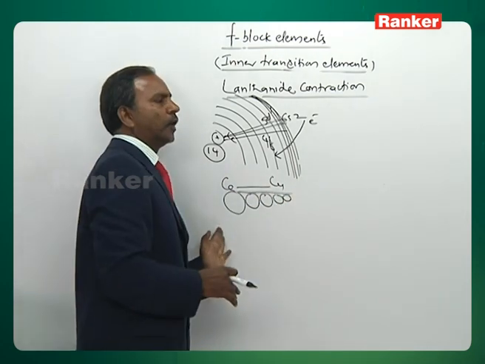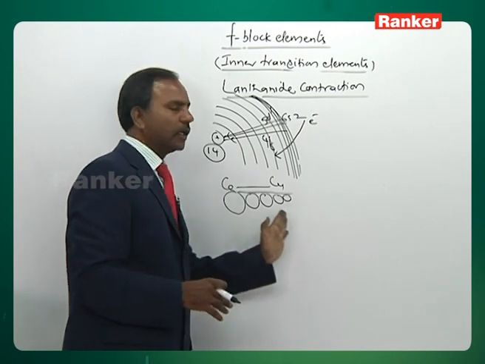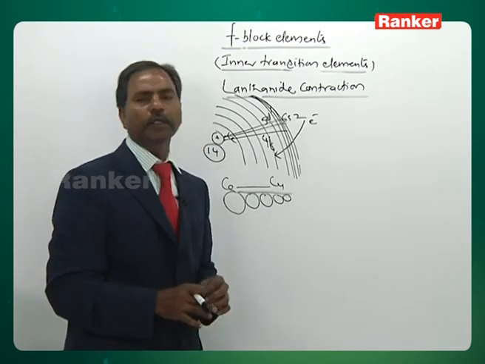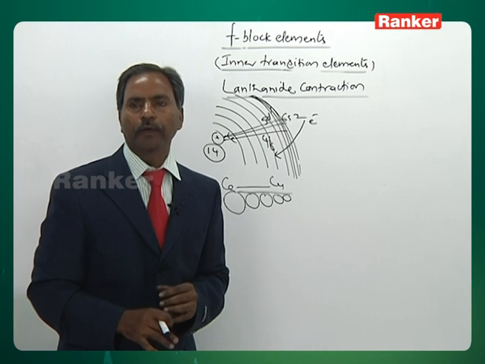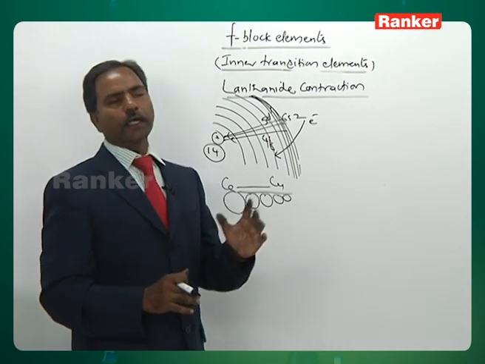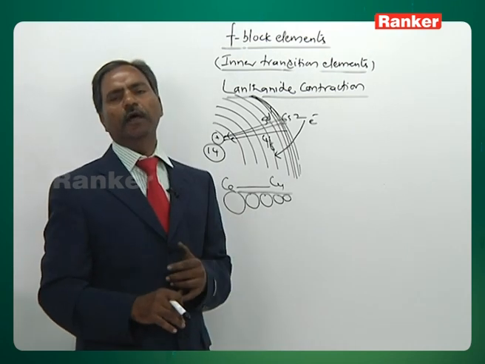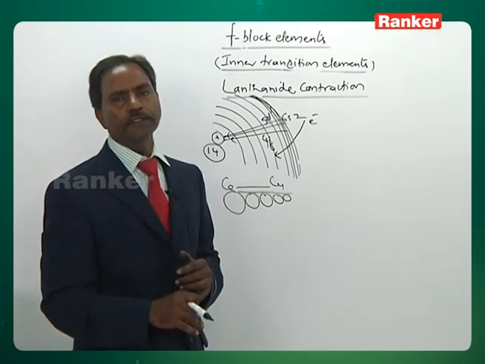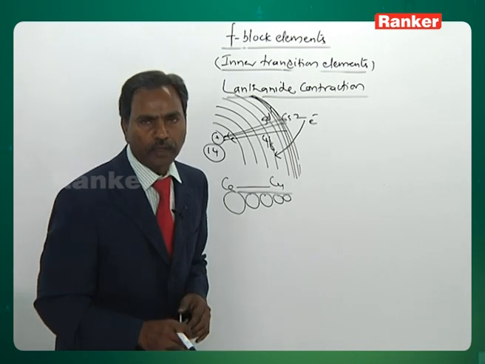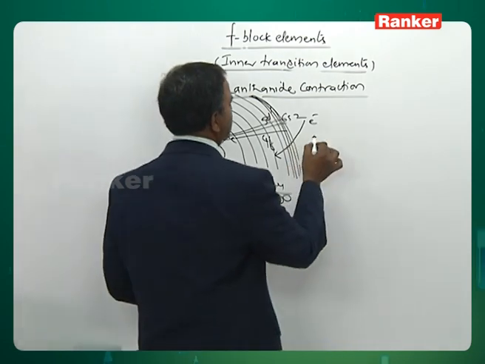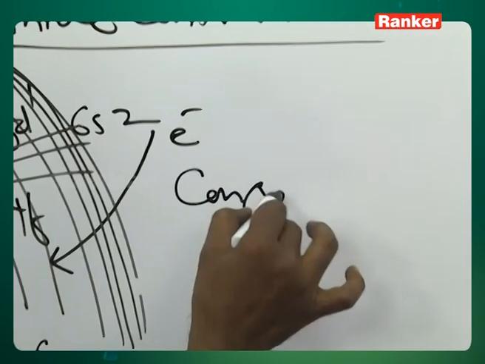As a result, from cerium to lutetium, there is a gradual decrease in atomic size. This decrease we call lanthanide contraction. Let us now discuss the consequences, the results, the effects of this lanthanide contraction.